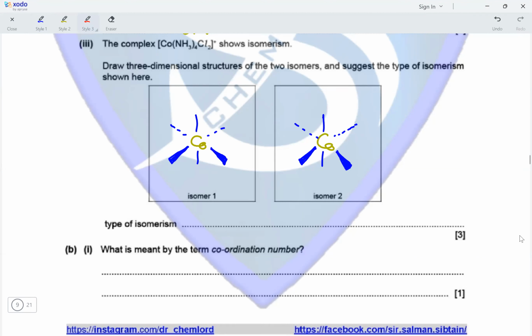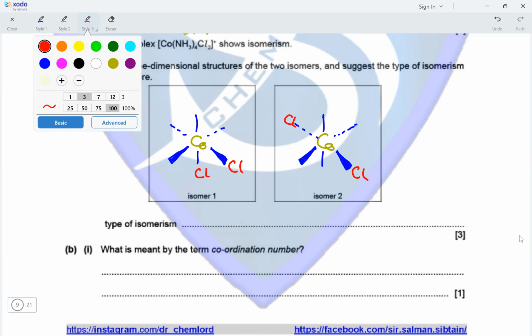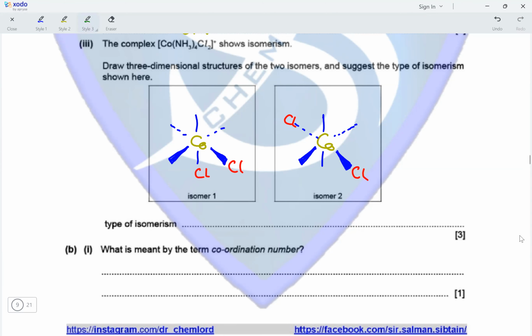Now, in order to place the ligands, if we have a cis isomer, we have two chloride ions on adjacent positions, and in the trans isomer, we have two chloride ions in diagonally opposite positions on the complex. The remaining four positions would be occupied by ammonia molecules.